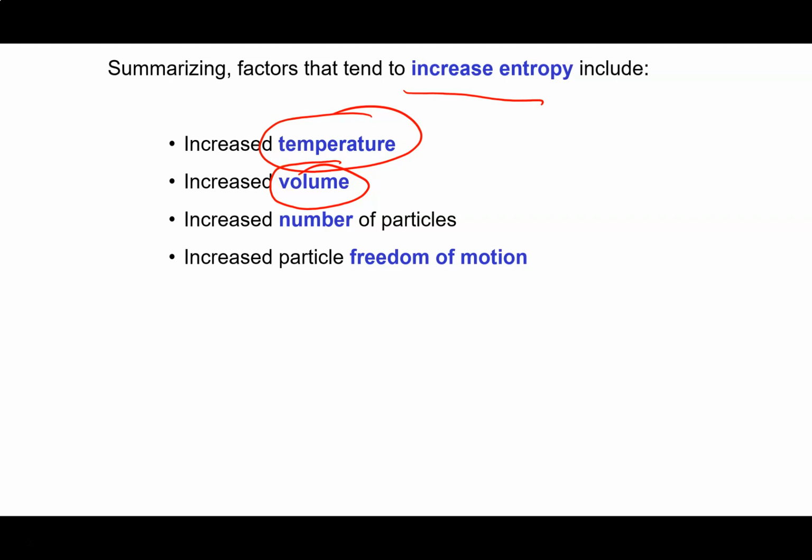The ways that they can translate is increased. Increased number of particles. When you go from a few particles to many particles, you have a greater number of microstates. You are increasing the entropy of your system. And increased particle freedom of motion. So rigid systems have lower entropy than more flexible, more wobbly systems, if you will.